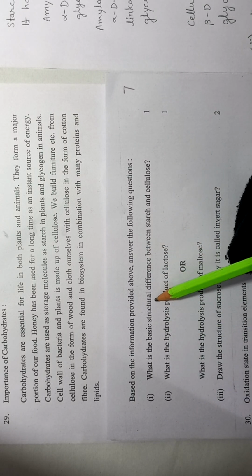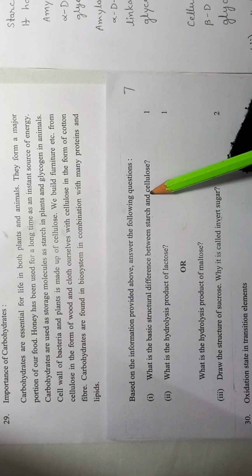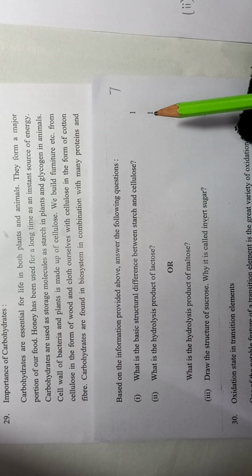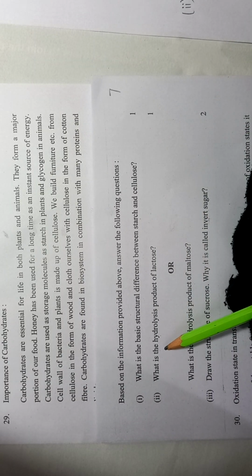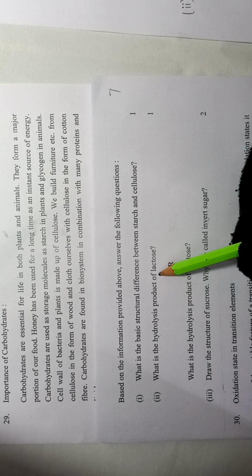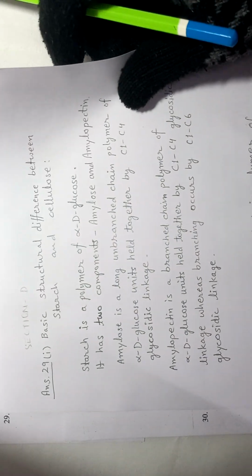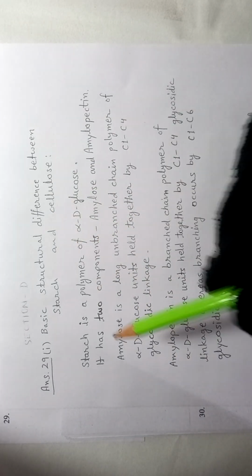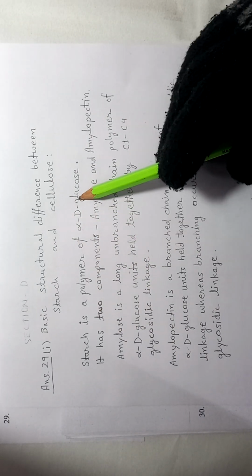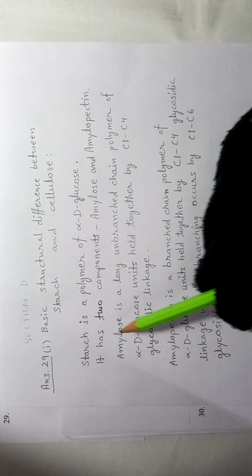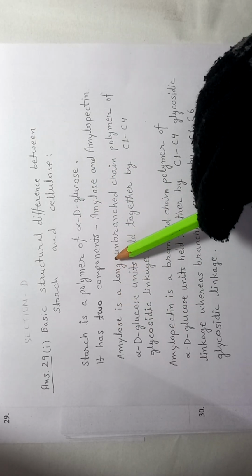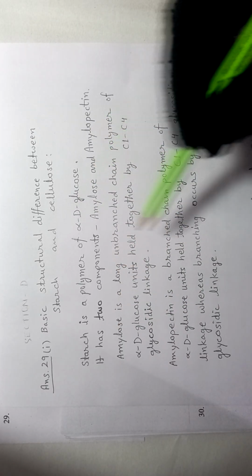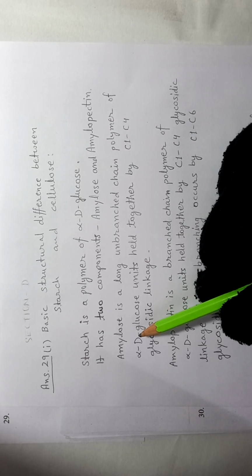What is the basic structural difference between starch and cellulose? And what is the hydrolysis product of lactose? So the basic structural difference between starch and cellulose: starch is a polymer of alpha D glucose, and it has two components, amylose and amylopectin. This is part of the syllabus, very important.